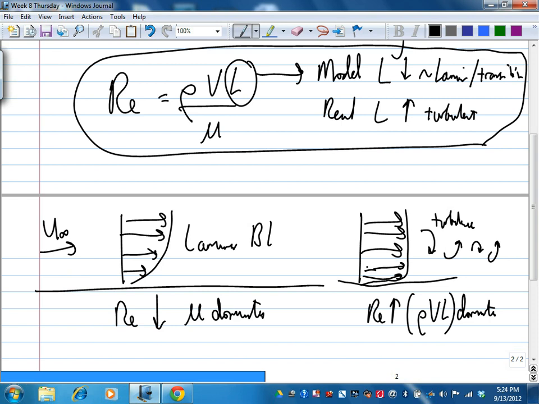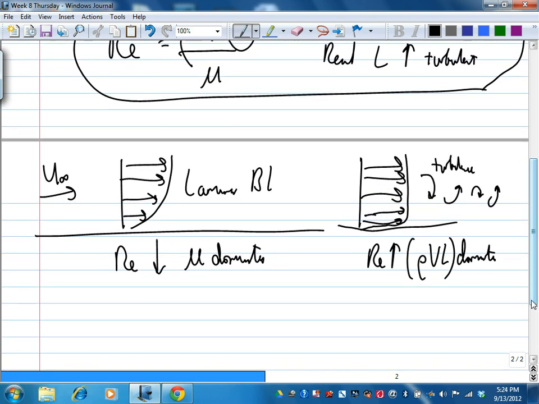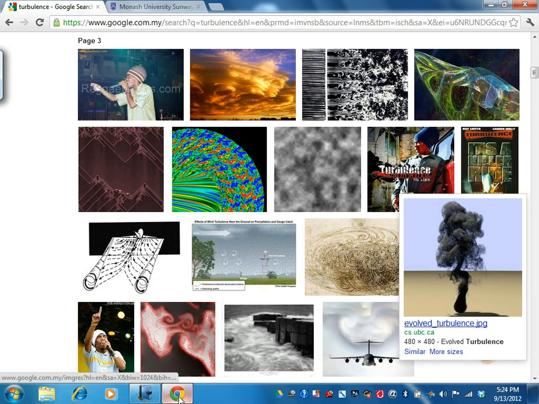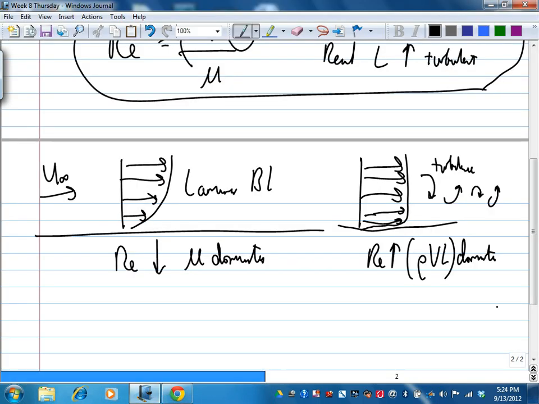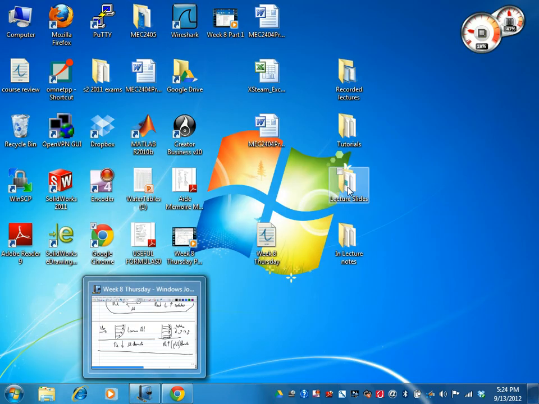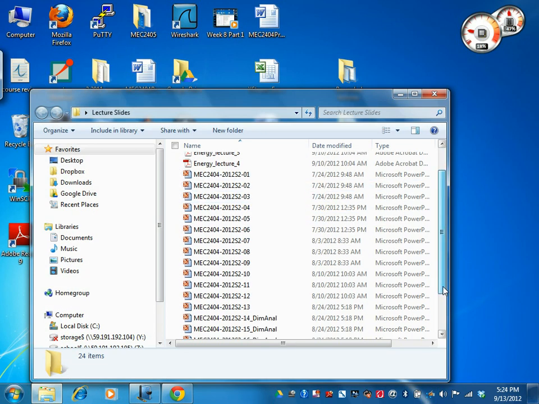That's our discussion so far. Do you want to do an example? Because you have all these equations here.